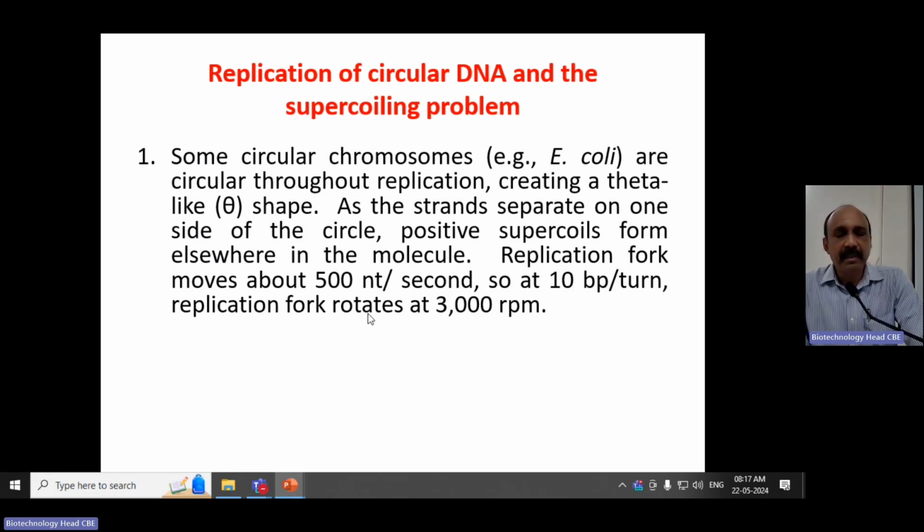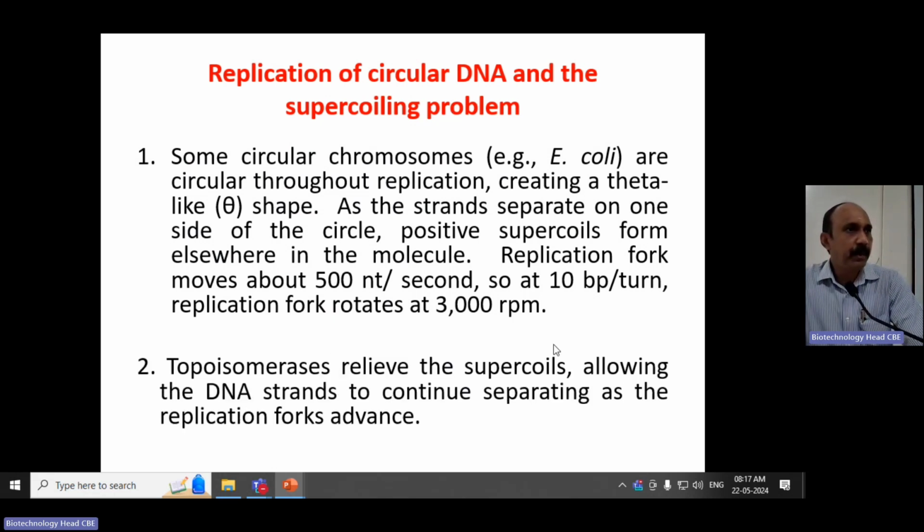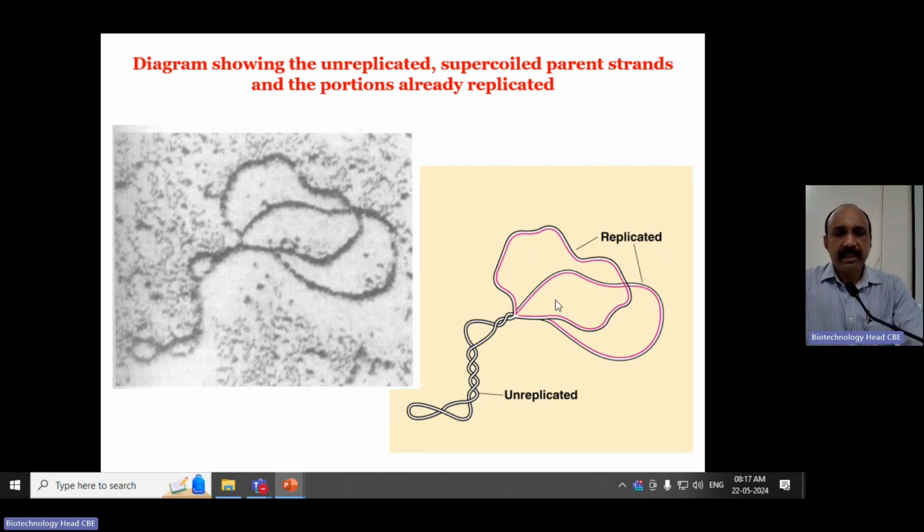So the tension behind the replication fork, where the DNA rotates at around 3000 RPM, creates a supercoil. This supercoil is released by the topoisomerases, allowing the DNA strands to continue separating as the replication fork advances. So this would be the theta structure.